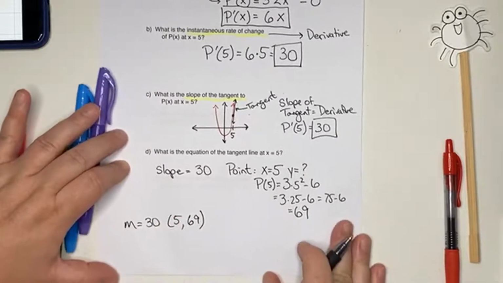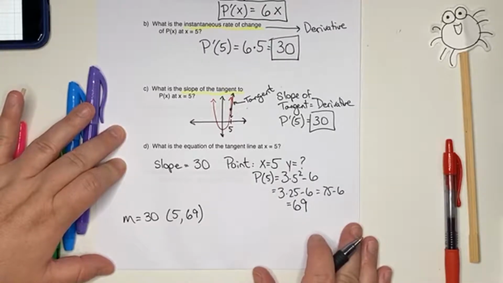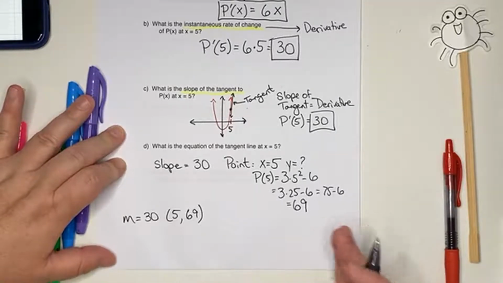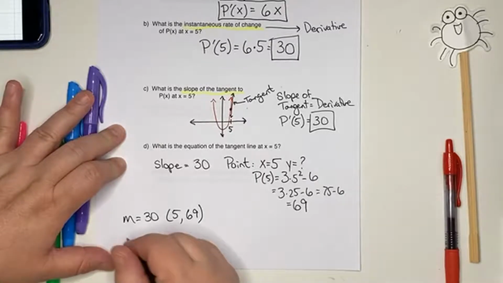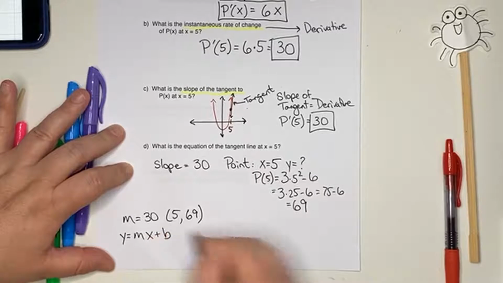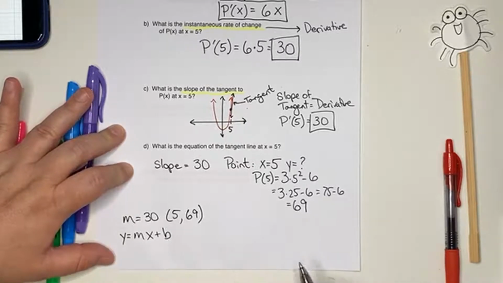And then again, you can use whatever method you like. I tend to use the point slope form, but you could also use the slope intercept. And since the last time I used point slope, let me use slope intercept. I'll just show you that one. The y equals mx plus b, right? You could do that, or you could do y minus y1 equals m times the quantity x minus x1. But let's go ahead and try this one.